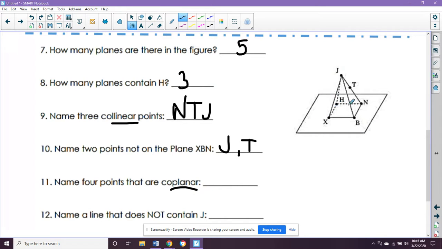So X, H, N, B. We could do our side plane here and do J, T, and B. Or we have our back plane, J, H, and T. There's only 3 possibilities here for 4 points. So let's do J, T, and B. These are points.